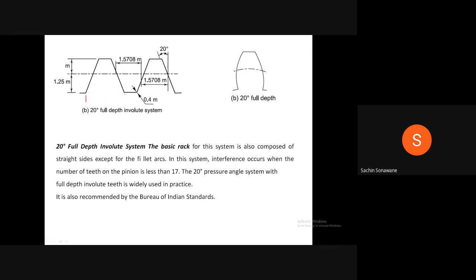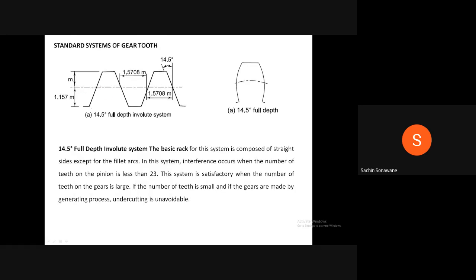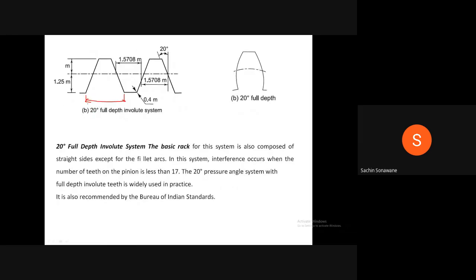Suppose this distance is there. This distance is more as compared to the distance in case of 14.5 degree at the base. Therefore, since in case of 20-degree full depth involute, distance at the base is more, that's why 20-degree full depth involute gear tooth is stronger as compared to 14.5 degree. Similarly, you can check this distance also.